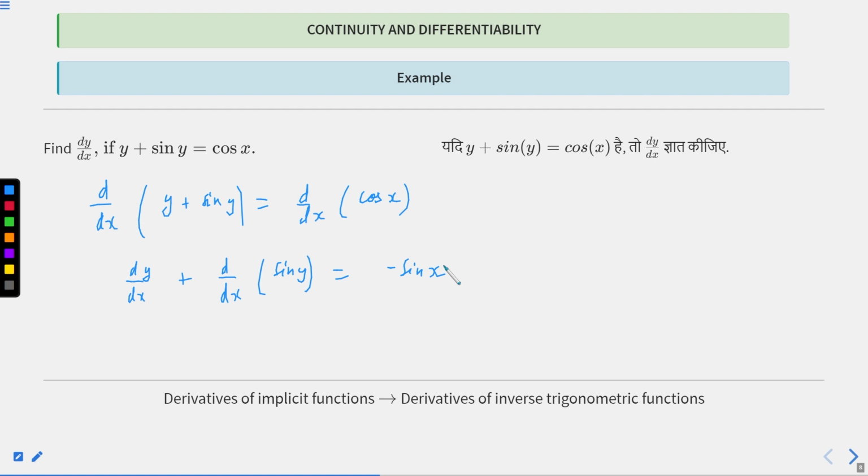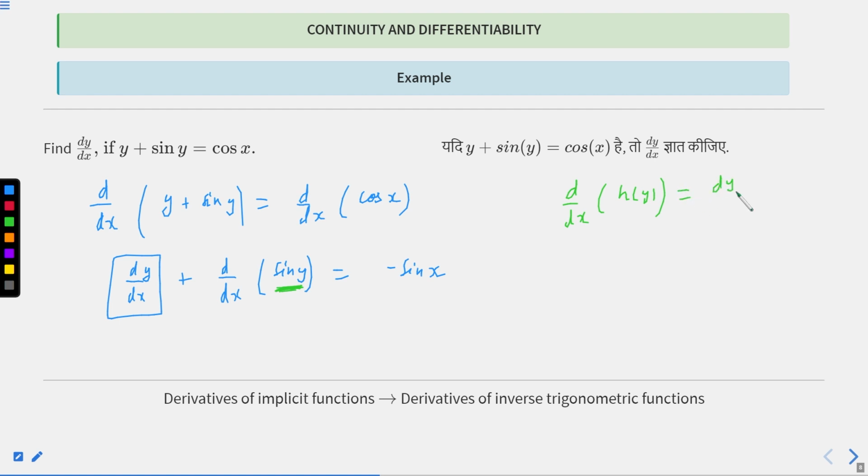Now this will become dy/dx. What about this thing? First of all, I have to differentiate this with respect to x. Whenever you face something like d over dx of some expression in terms of y, what you have to do is very simple: write dy by dx.